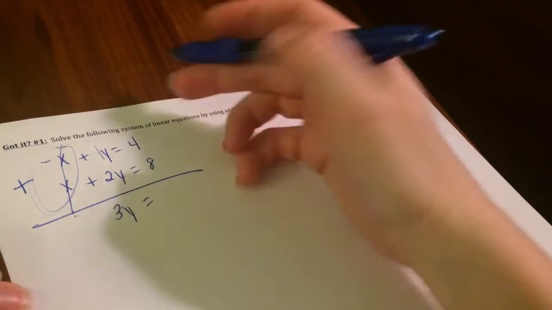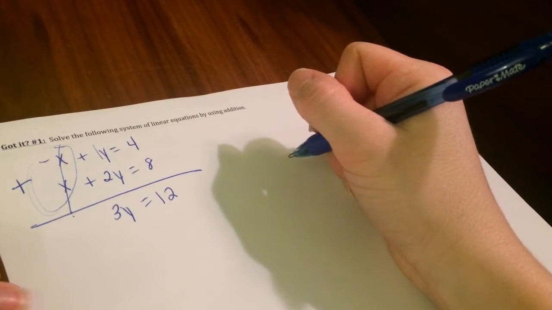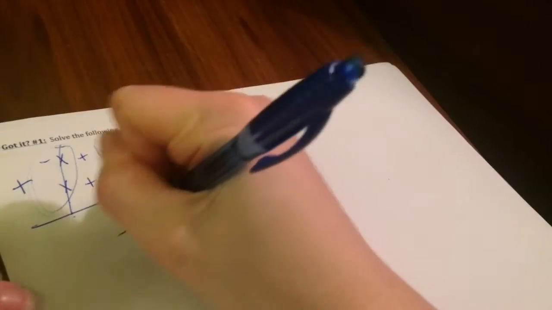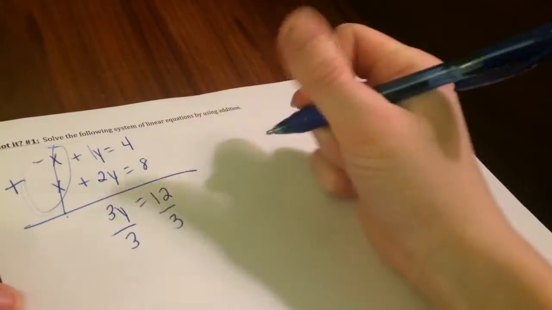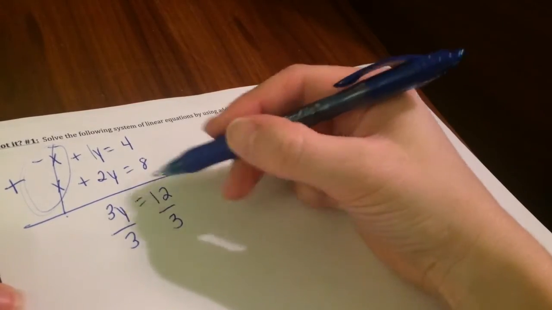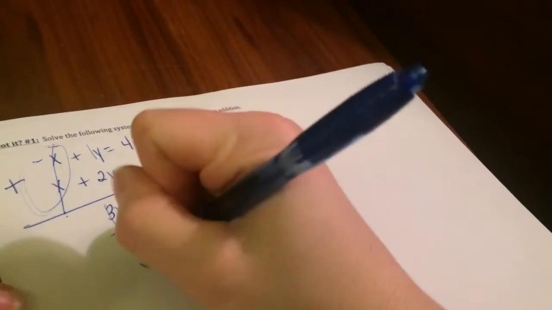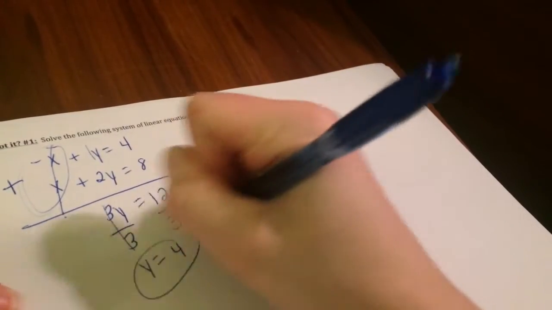We have 4 plus 8, which is 12. All right, divide by 3 on both sides to get rid of the 3, because remember, you want the numbers on one side and the variables on the other. And then you have y equals 4.